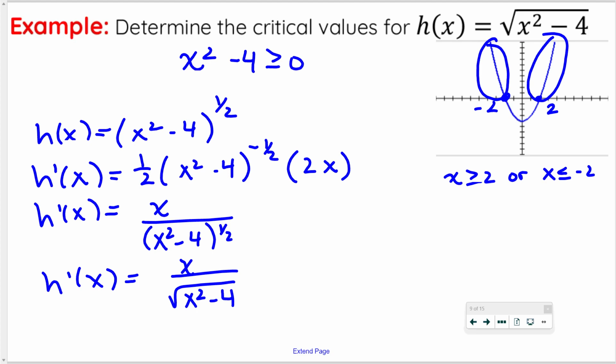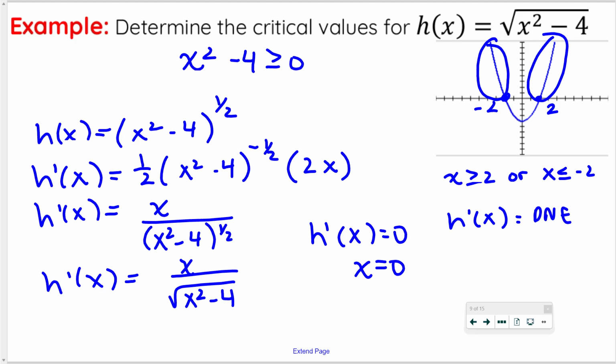We said critical values are the values that make the first derivative equal to 0. If you look at the numerator, that would just be x equaling 0. We also said that critical values are the values that make the derivative not exist. When does that function not exist?